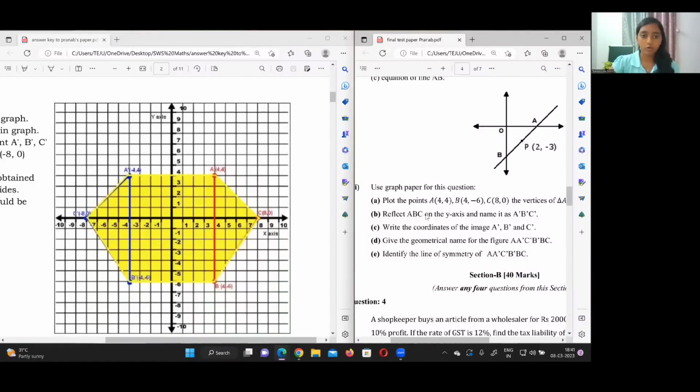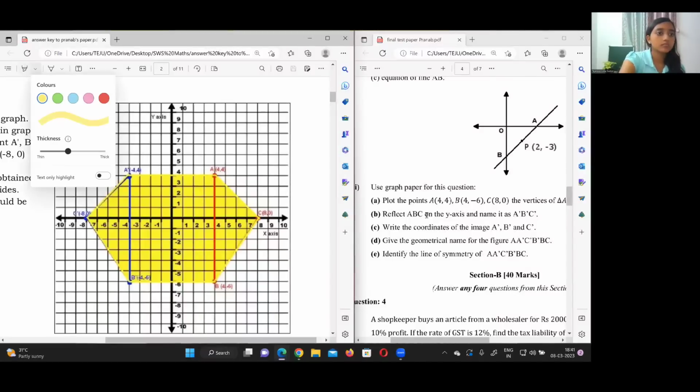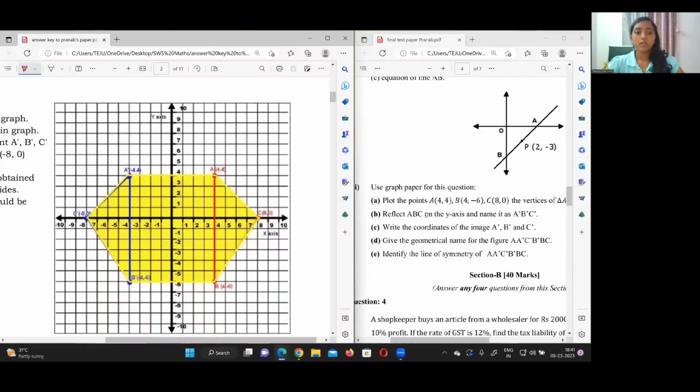So we have 4, 4 right here, right? And then they're asking you to plot 4, minus 6, which comes right here.